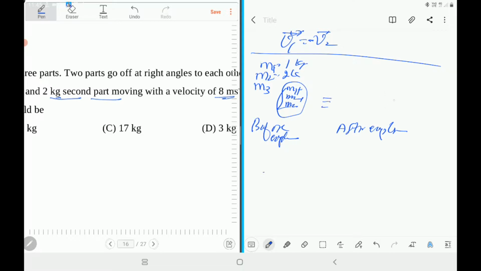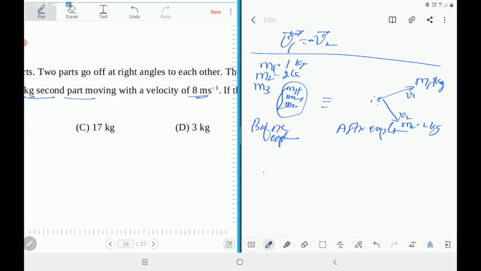Say there is an explosion, bang. One piece moves this way, say mass M1, 1 kg, with a velocity V1. The other mass moves this way, that is M2, 2 kg, with velocity V2.